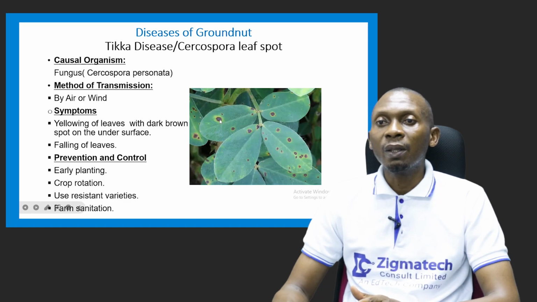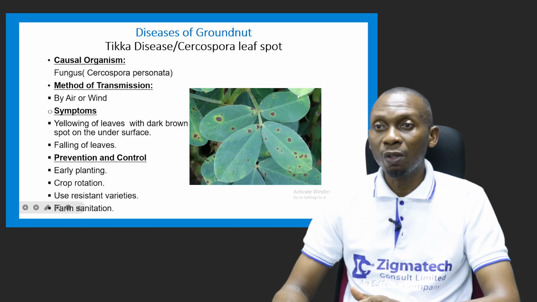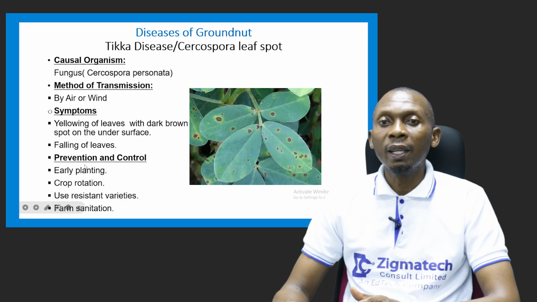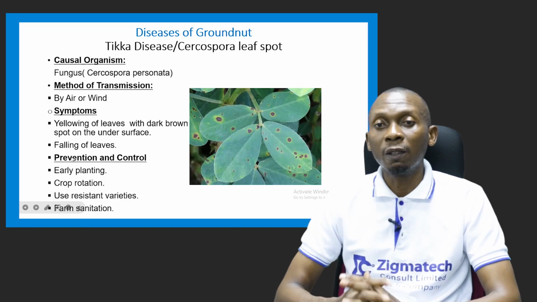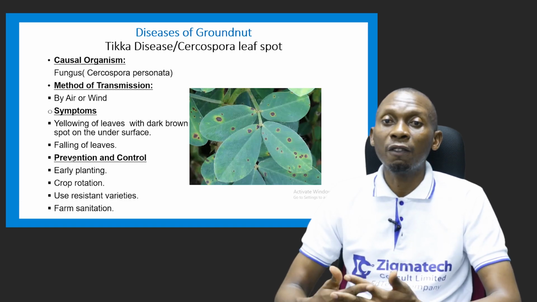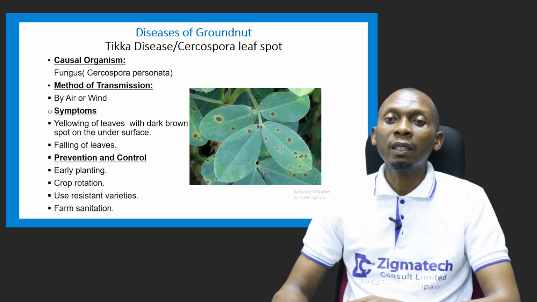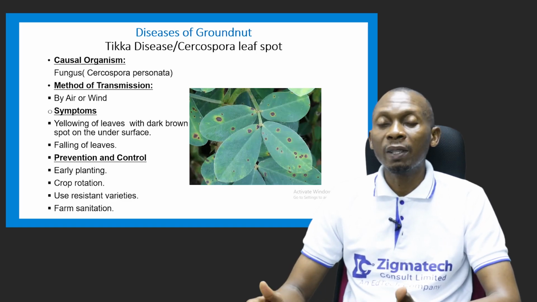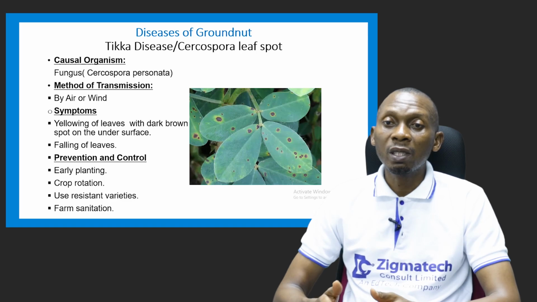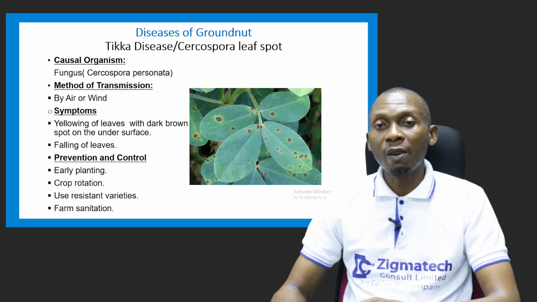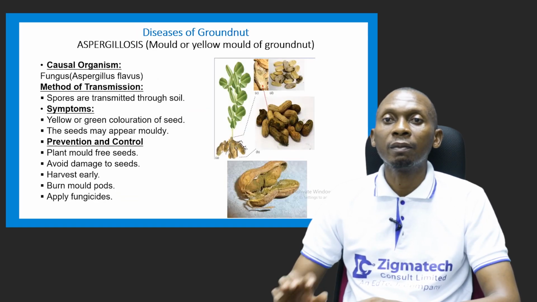Some portions are yellow, not actually the whole leaf, if you look closely. The leaves also fall, or dropping of leaves or defoliation, and it's prevented by early planting, carrying out crop rotation. You could use resistant varieties, and you should also carry out farm sanitation.